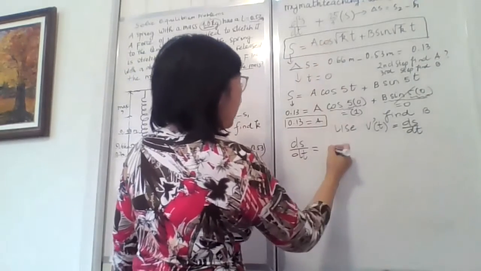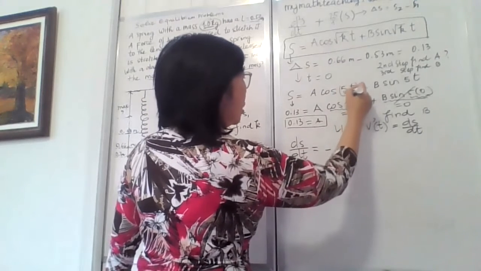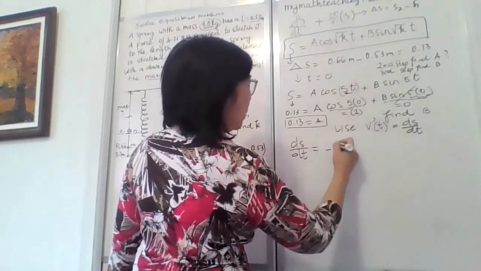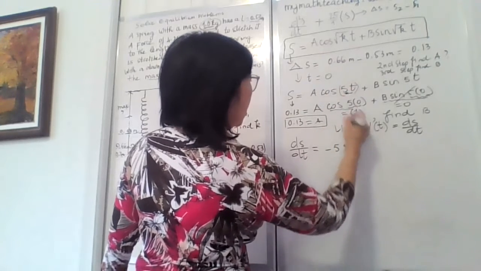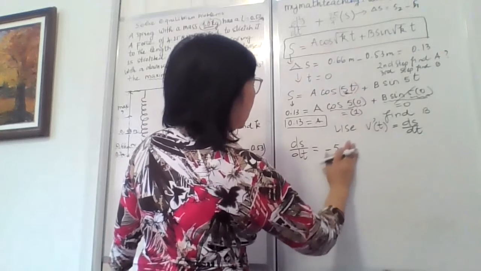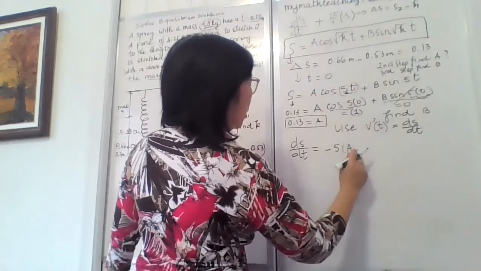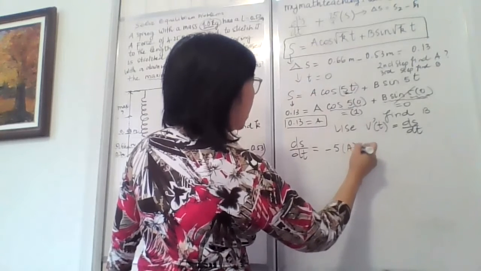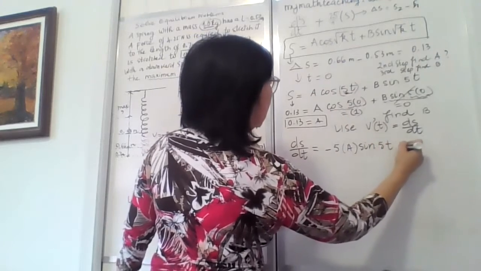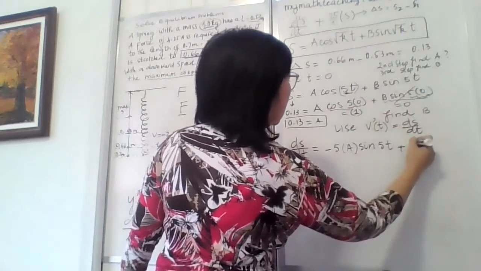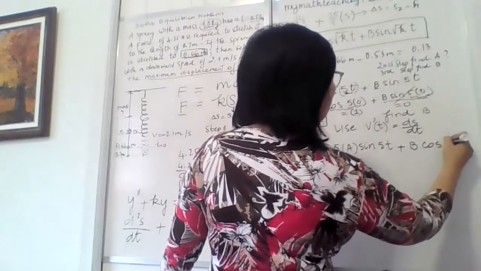The derivative of cos is minus sine, and remember, we have a 5 inside, so taking the derivative inside gives minus 5 times the sine, and actually we have A in here as well, times the sine of 5t. Adding with B, the derivative of sine is cos. So B times 5 cos of 5t.